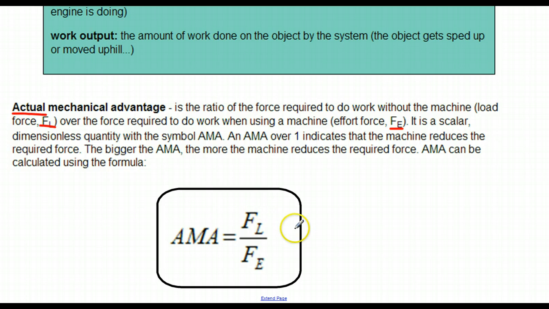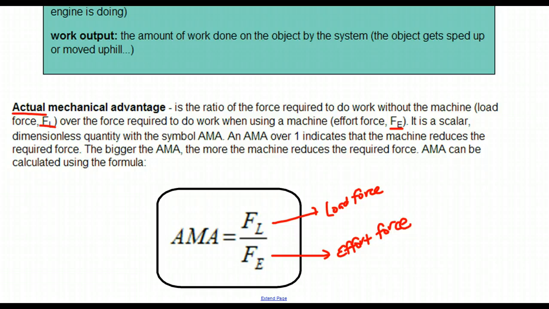So we take the load force and divide it by the effort force. And that gives us a number below 1, close to 1, or over 1, that tells us a little bit about how well this machine does its job.